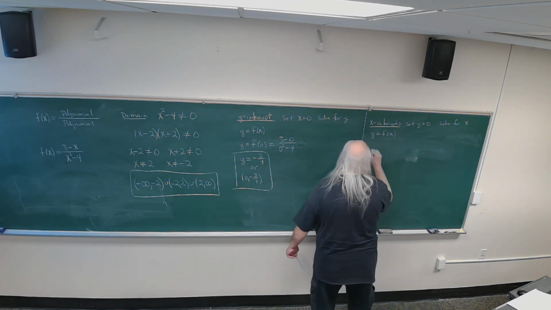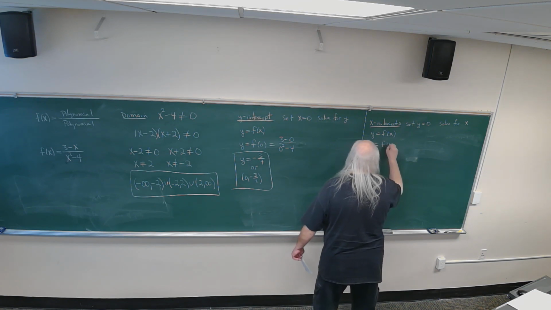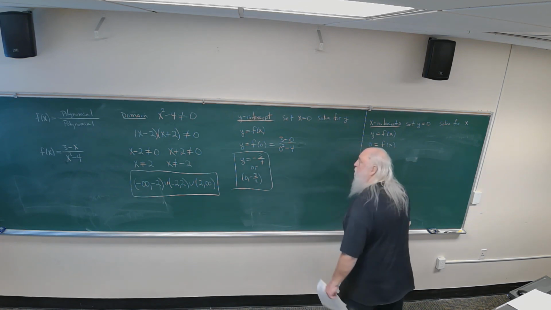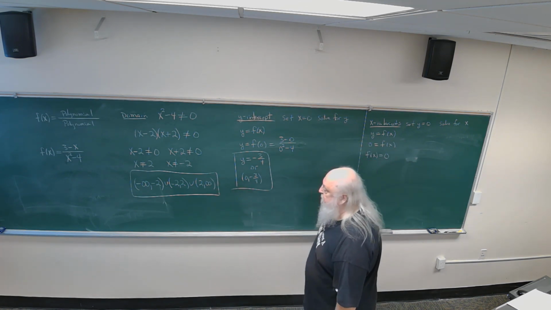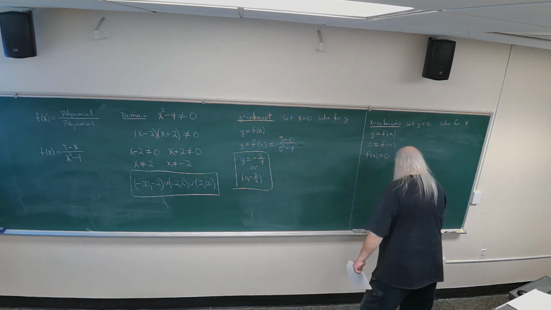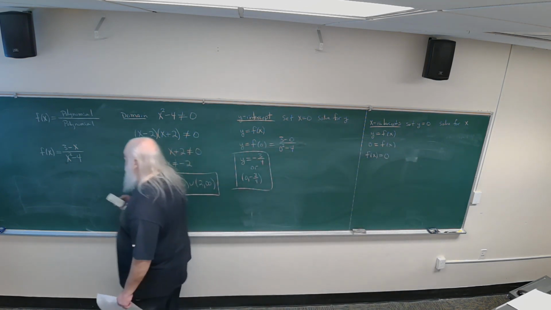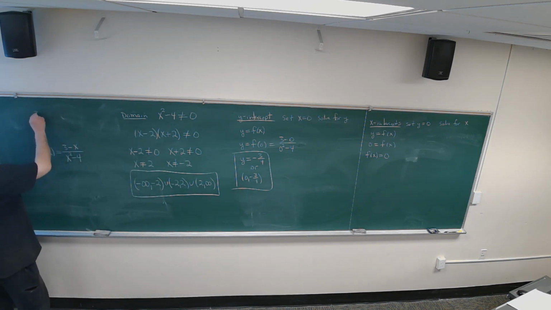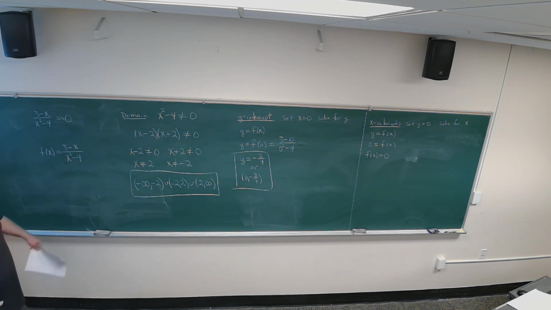When we set y equal to 0, we have 0 is equal to f of x, or f of x is equal to 0. Okay. Well, what's f of x? It's 3 minus x over x squared minus 4. Okay. So you just replace f of x here with 0, right? And now you're going to solve for x. Switch two sides of the equation if you want.